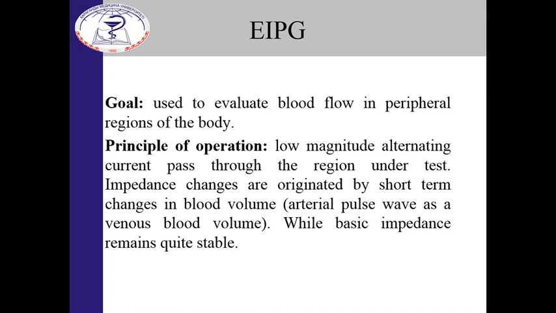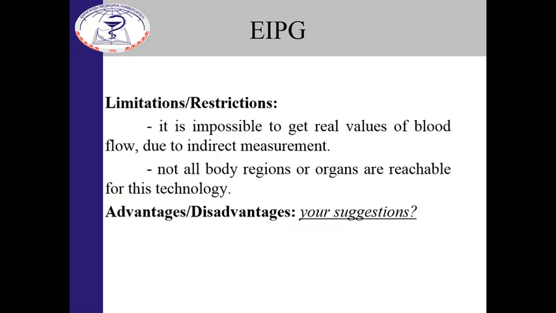The approach remains the same. We measure impedance. After that, we recalculate some hemodynamic parameter, but for the peripheral region. That's why the problems are exactly the same. We never get the real value, but we can estimate it in a quite approximate way.